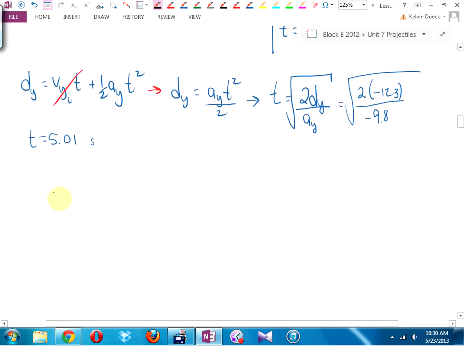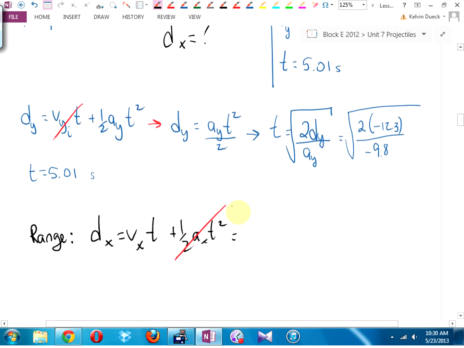I think I can say dx equals vxt plus a half ax t squared. And in fact, I think it's kind of plug and chuggish now. It's going to be Vx, which was, I can't remember, 12.2. Range, 5.01.